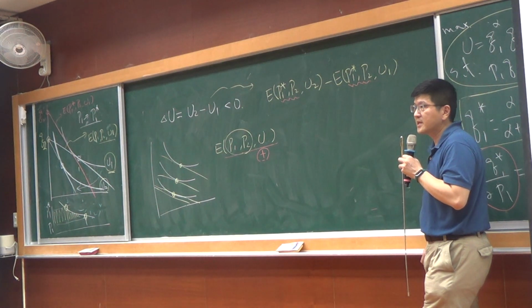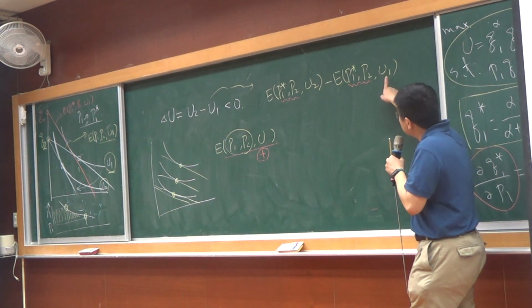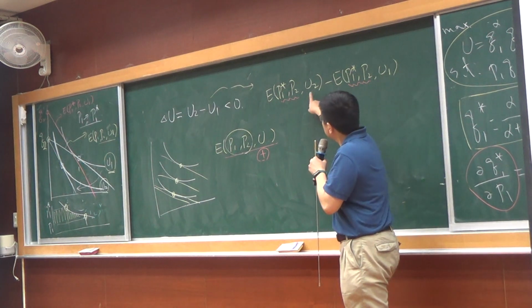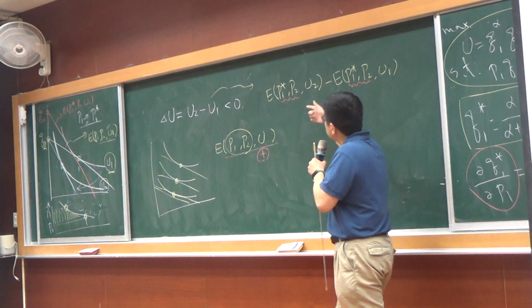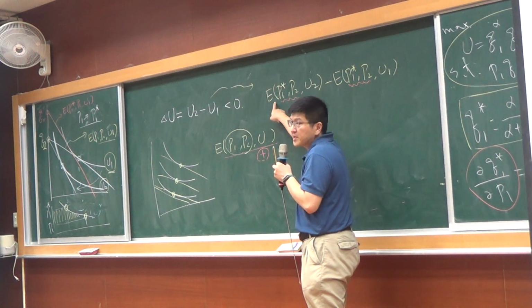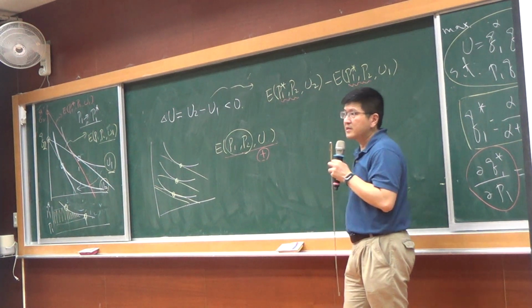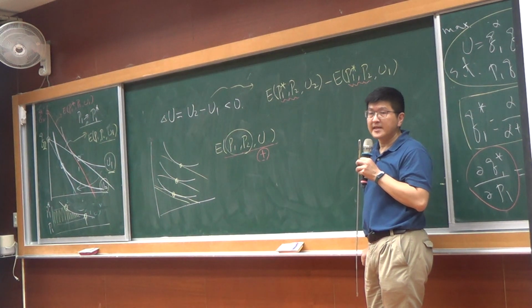Alright? When U1 is higher than U2, then the minimum expenditure for this must be higher than the minimum expenditure for this. Okay? Is that clear?